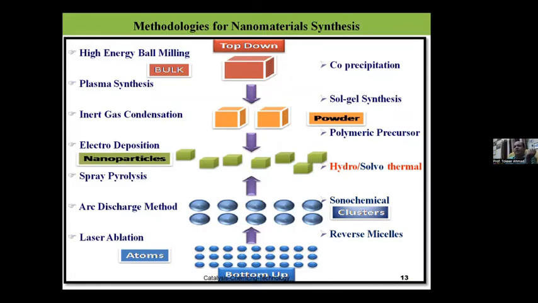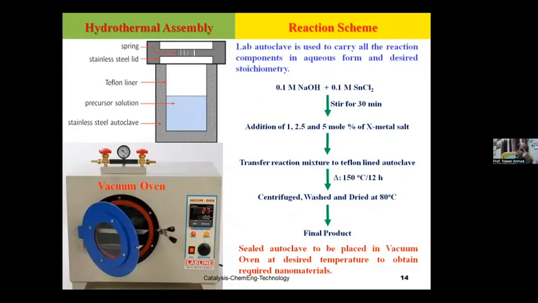I am very fortunate to have set up all kinds of chemical methods in my research lab. This is the hydrothermal synthesis assembly, where we have the hydrothermal autoclave or the hydrothermal bomb, and it has a Teflon liner, which helps prevent corrosion of the stainless steel surface.